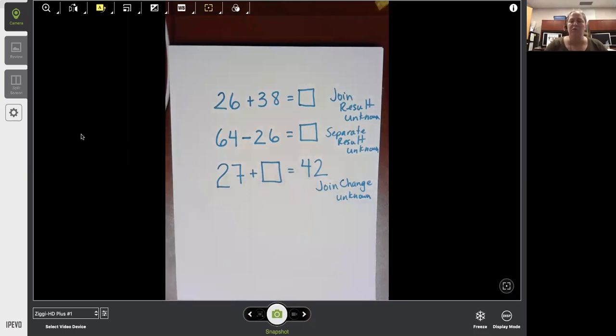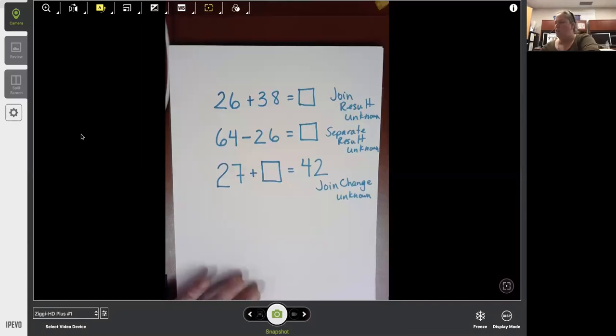And that's a really important thing for kids to be able to understand, that when we think about subtracting numbers, we can think about two different things. We can think about removing, or we can think about distance.